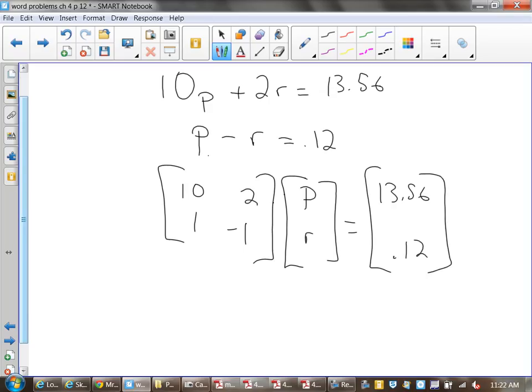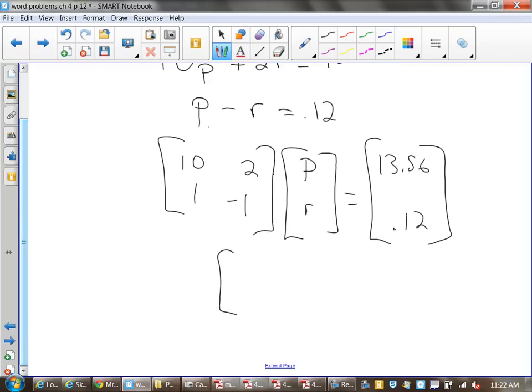How do you get that premium and regular gas by itself? You use the inverse. You just take the inverse of this matrix, the 10, 2, 1, negative 1, and you multiply that against the 13.56 and the 12 cents, and you'll find out that gas was really cheap when this book was written.